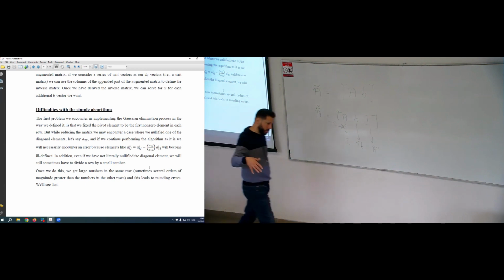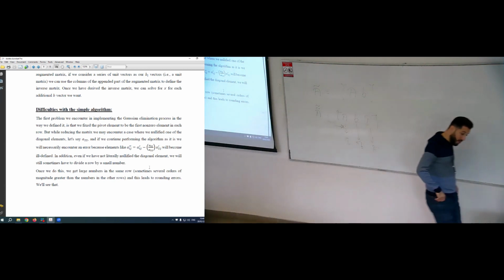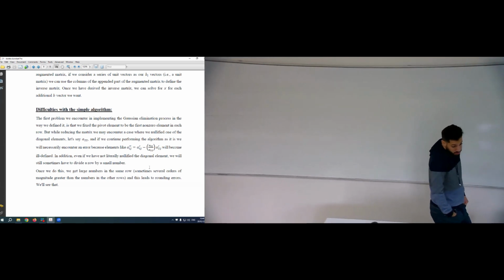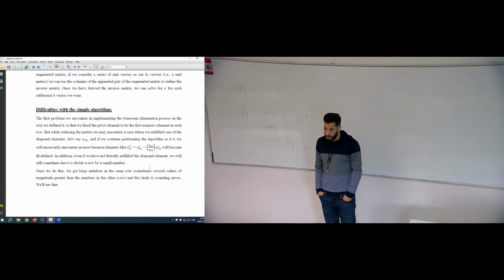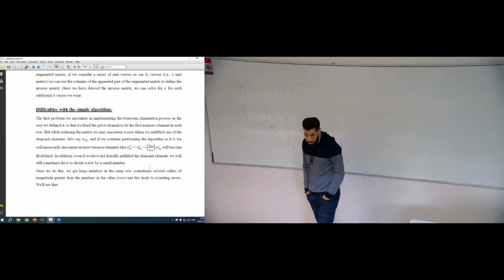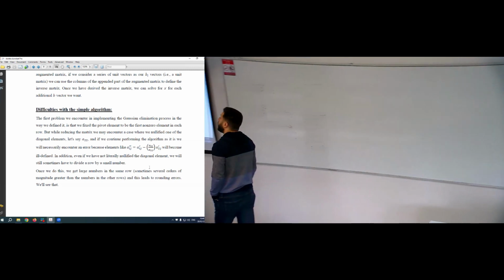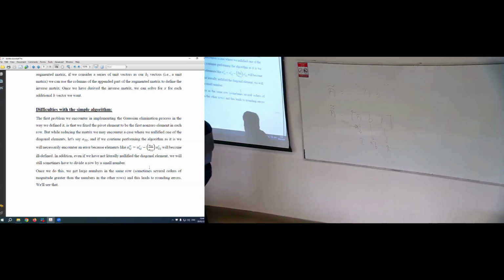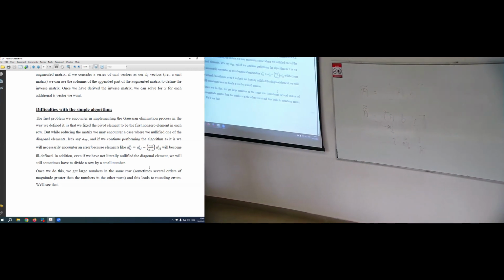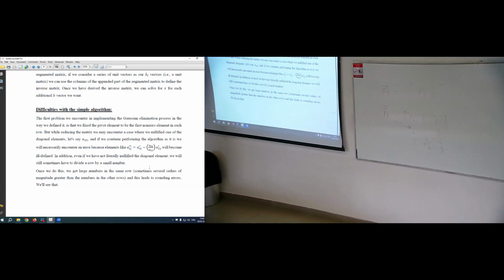So this pivot, we assume that it is not 0, but it's not necessarily the case. And if it's not the case, what do we do? We swap over. Okay, that's an analytical one. And the second problem is numerical, as we mentioned.